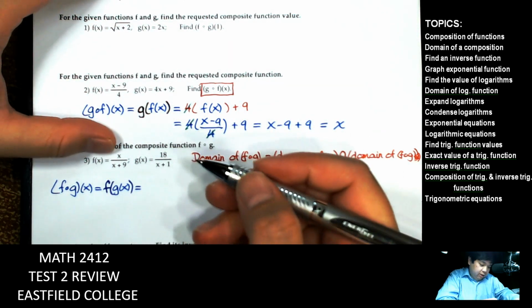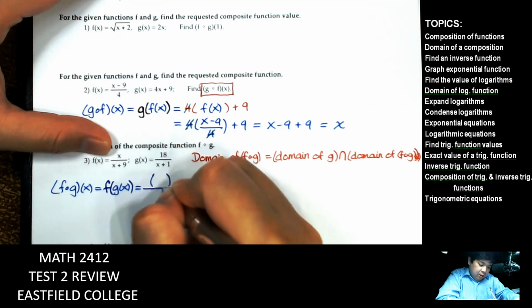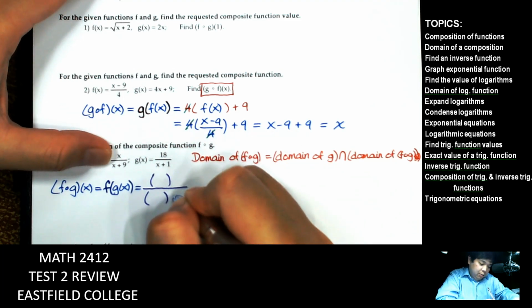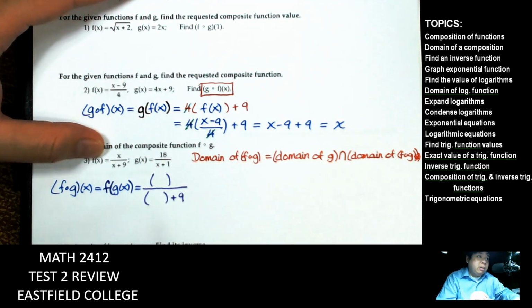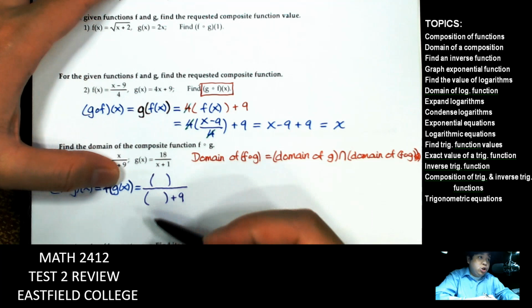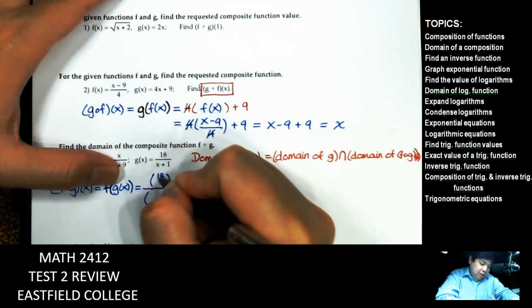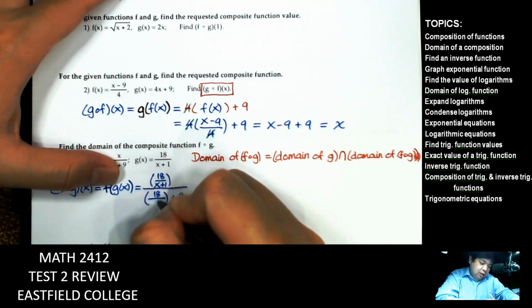Function f is something over something plus 9. That is the function f. Now that something is g of x, which is 18 over x plus 1, and 18 over x plus 1.